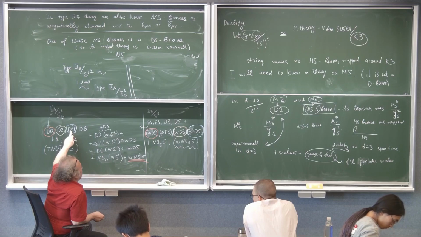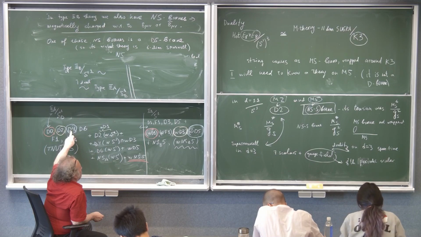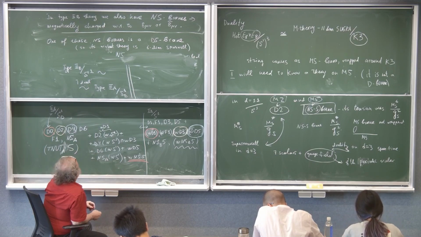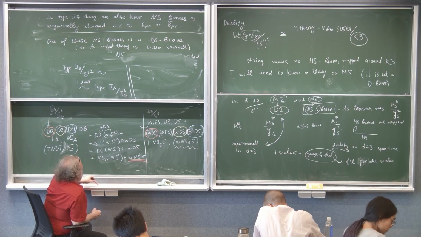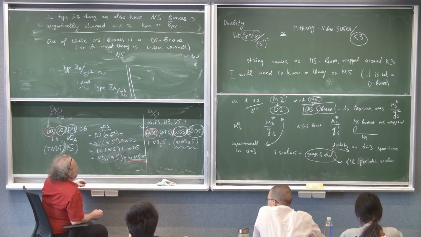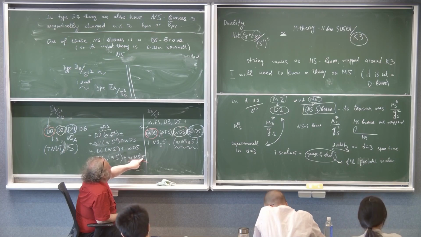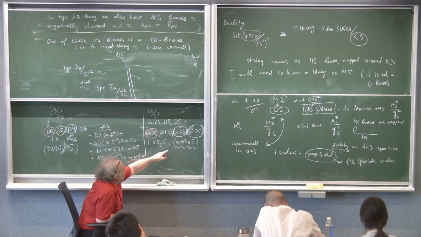Okay. So then that's the only four-dimensional object that we work with. So wrapped NS5 brane is the only object.